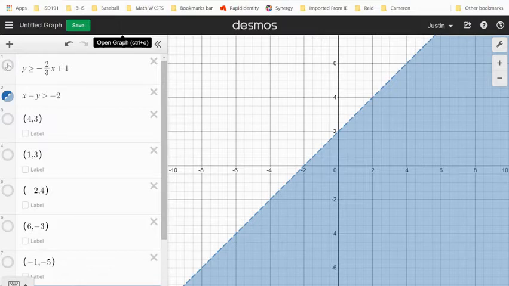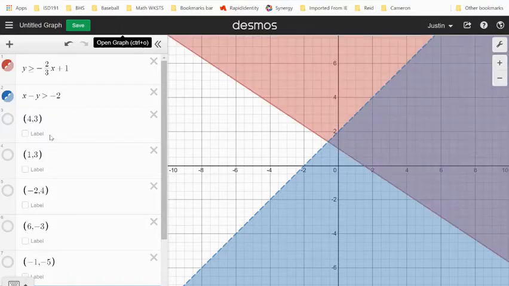What we want to look for is where these two overlap when we show both of them. So we see that we have an area that's shaded only in red, so that's not going to have solutions to the entire system. We have an area that's shaded only in blue, that's not going to be any solutions to the system. We have an area that's not shaded at all, so that's definitely not a solution.